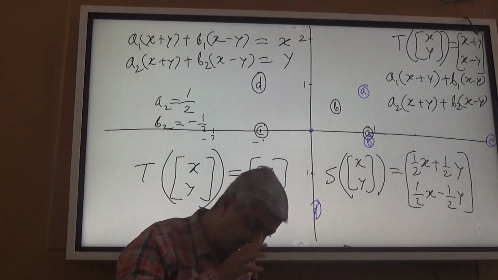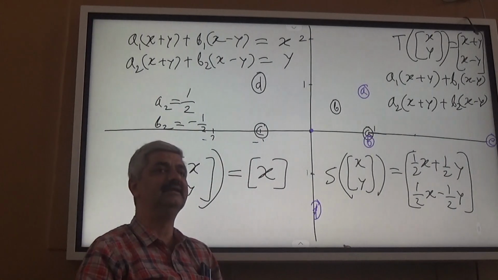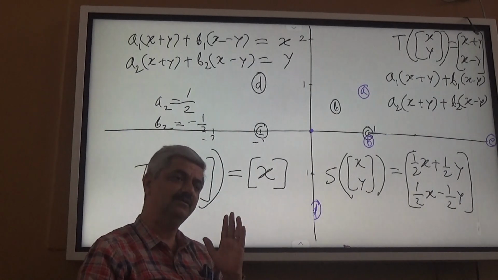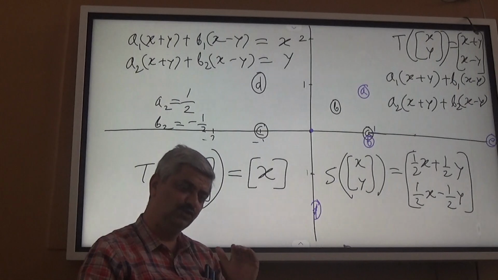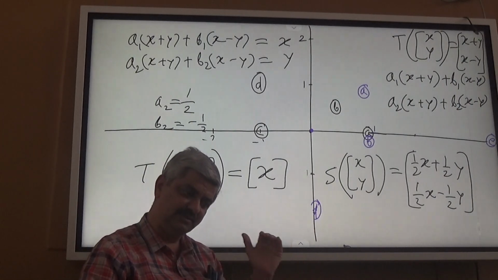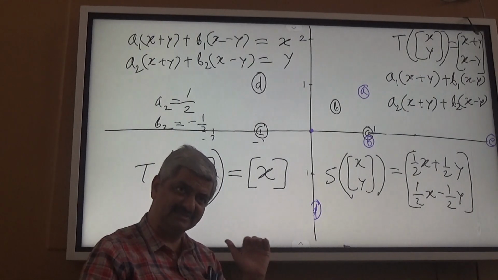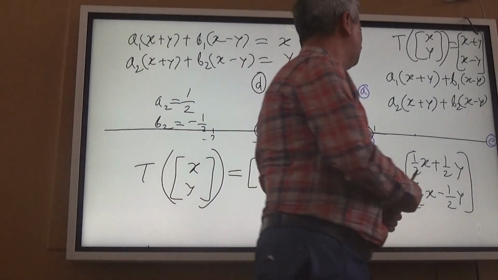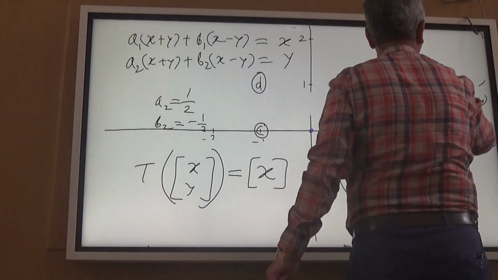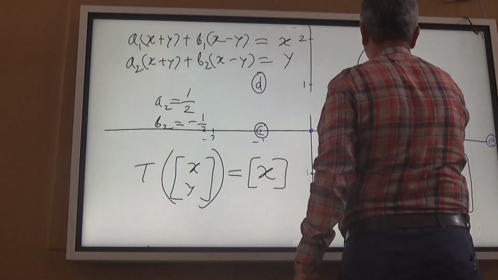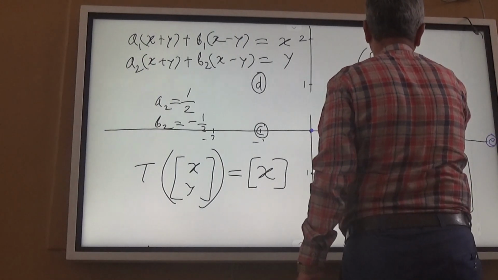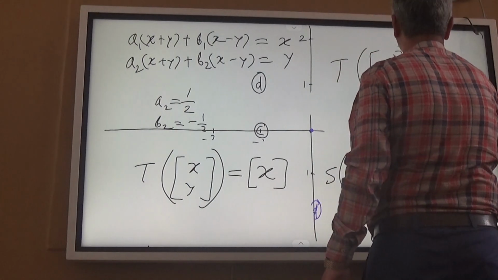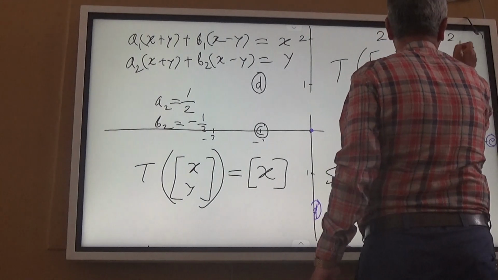So, in general, a linear transformation means from the original vector space you get an image vector space. The dimension need not be equal. If this is 2, this can be 2.